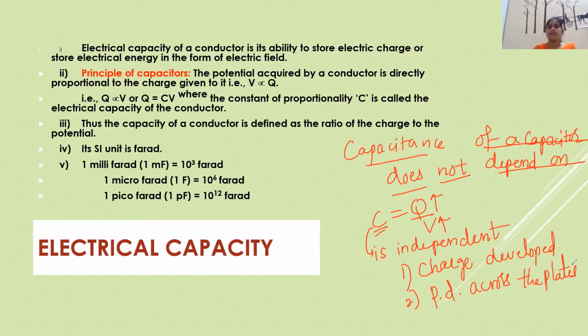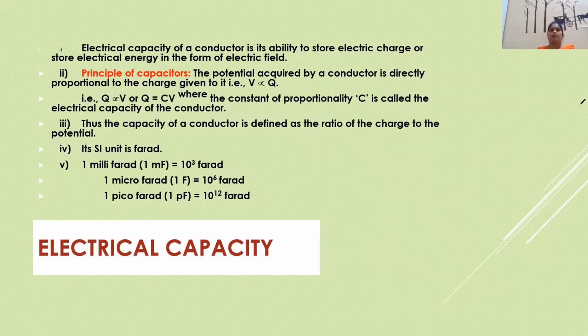Okay, so this is basically the concept on which the capacitance of a capacitor does not depend. Even though the formula implies Q by V, it does not depend on the charge developed, and it also does not depend on the potential difference across the plates. So now let us move on fast to how the capacitance of a capacitor is developed.